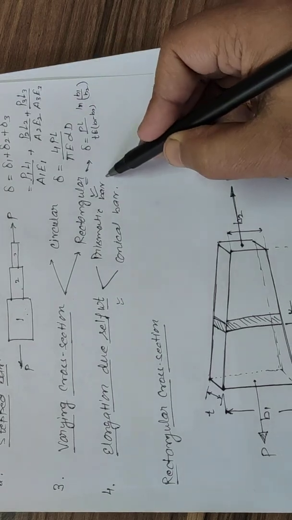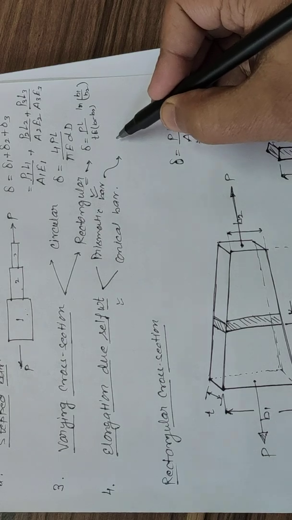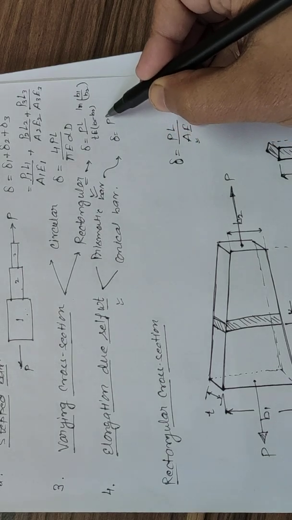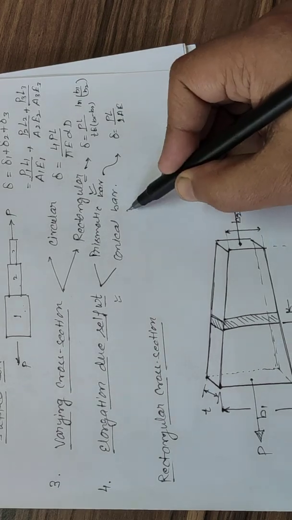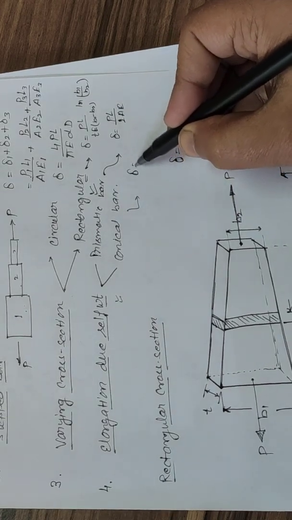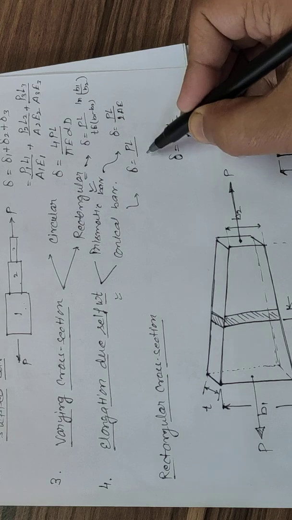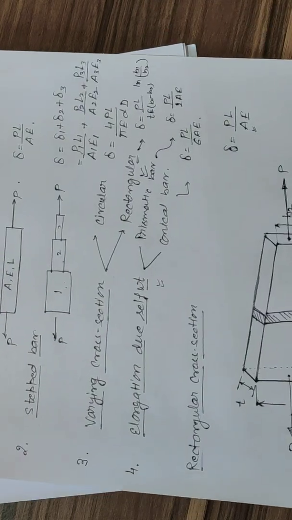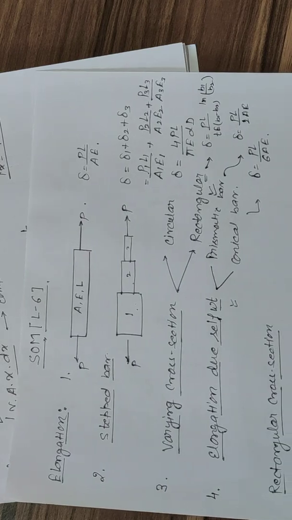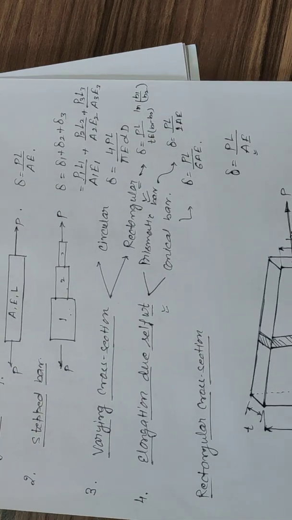Then for the prismatic bar due to self weight, del came out to be PL divided by 2AE, and for the conical bar del is PL divided by 6AE. So these are all the cases for the elongation. This is it for today. Thank you.